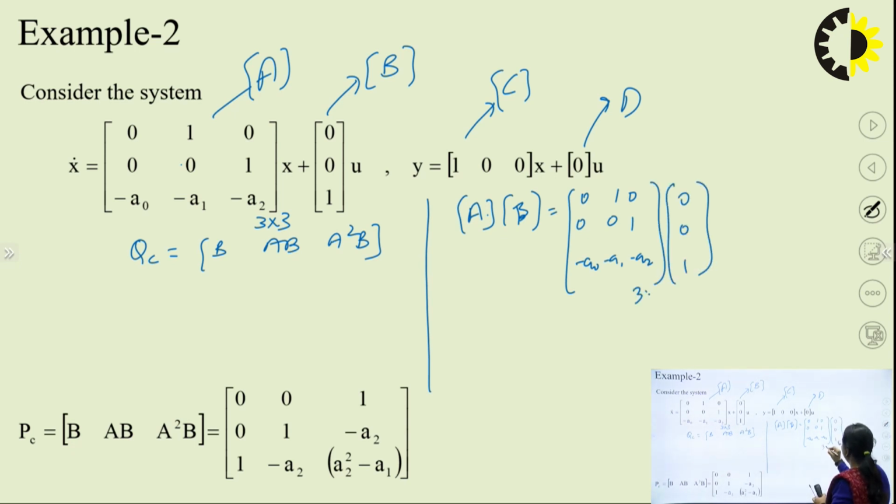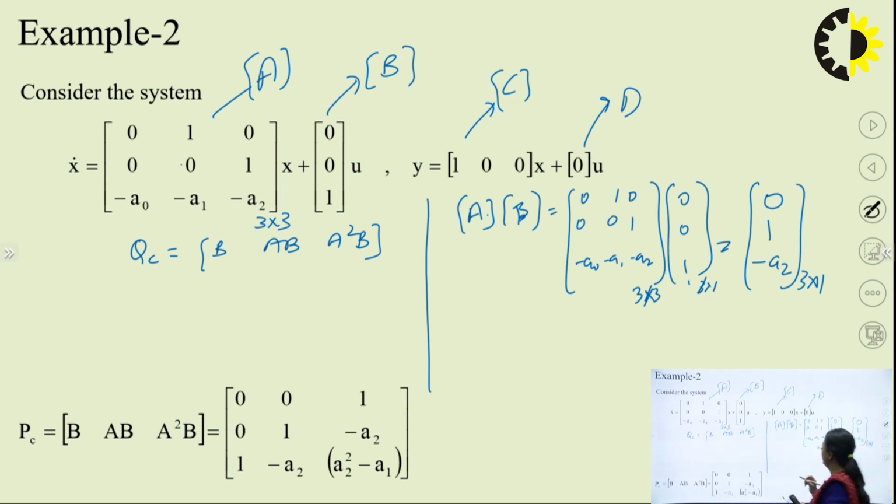So it is 3 by 3 and it is 3 by 1. So the matrix that I am getting here after solving this will be 3 cross 1, okay? You can multiply this and we are having 0 here. When we multiply this row with this column, we get 1, and by this we get minus A2, okay? So the value of AB will be this.